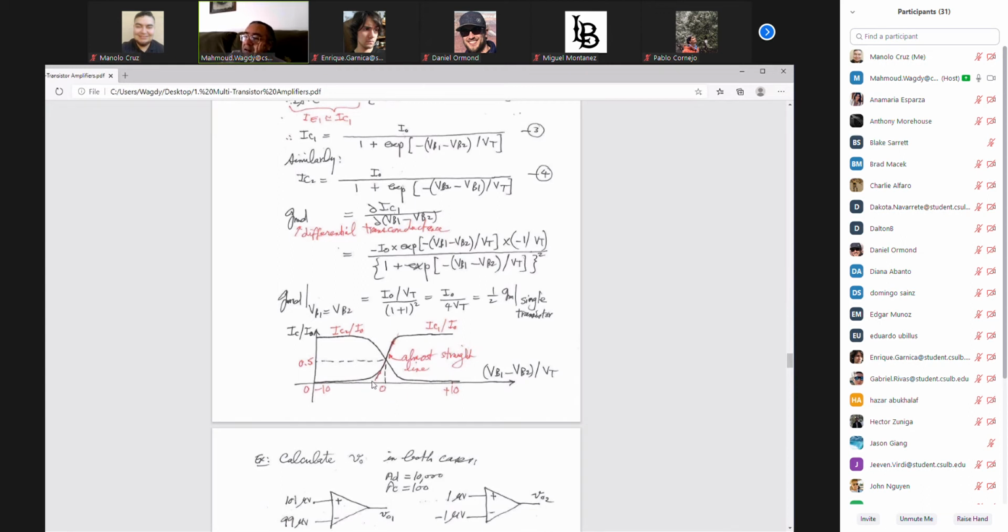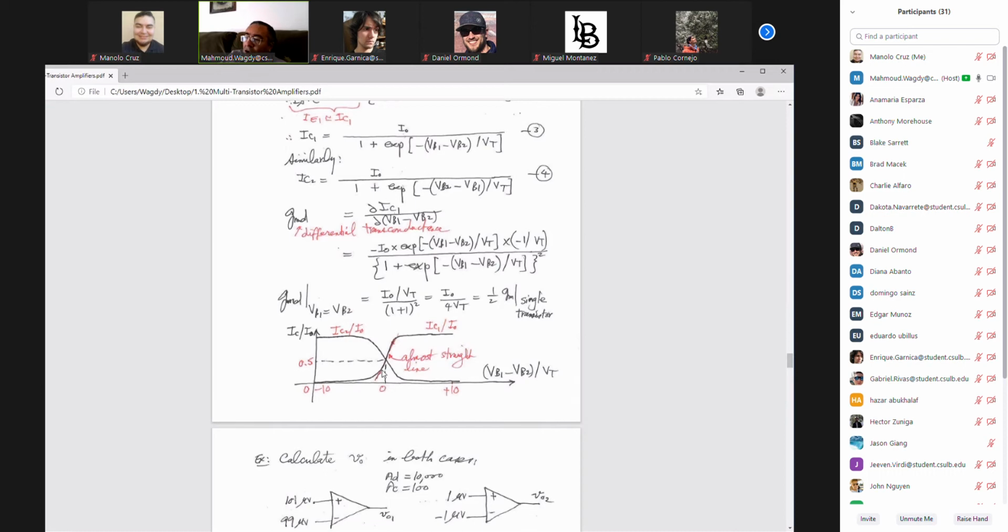The current is exponential. The exponential becomes almost a straight line in the middle here, and then it levels off, reaching some kind of saturation here.